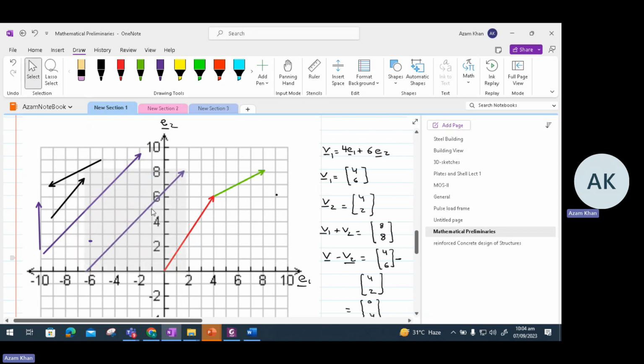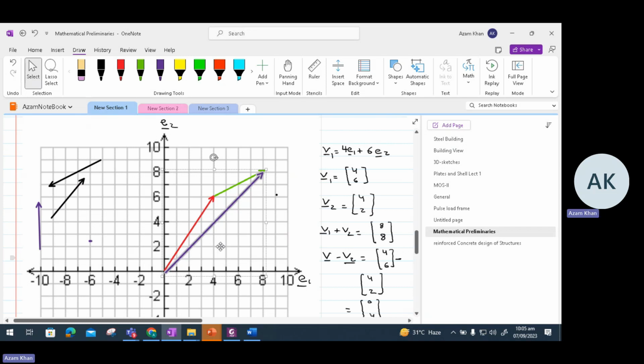The resultant is from the tail of the first vector to the head of the second vector. This vector, the blue vector, has component 8 in the E1 direction and component 8 in the E2 direction. And as we can see on this figure, it is 8, 8 in both E1 and E2. So that's the resultant we get after adding two vectors.